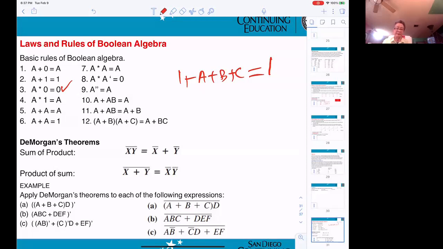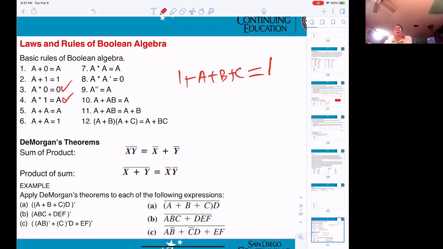A and 1 equals A. It depends on A. If A is 0, you get 0. If A is 1, you get 1. We understand in binary, you get only 2 numbers. They're not 1, they're 0.